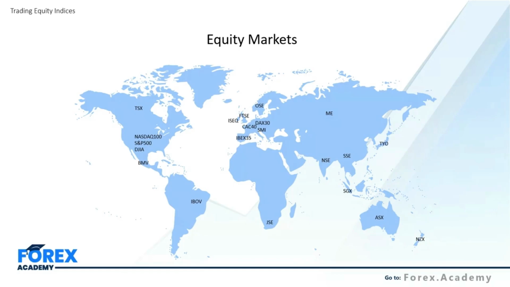More centralized in Europe, we have the FTSE in London, the ISEQ in Dublin, the CAC 40 in France, IBEX 35 in Spain, the DAX in Germany, the SMI in Switzerland, and then more across Eurasia with the MOEX in Russia, and obviously SSE in China, NSE in India.